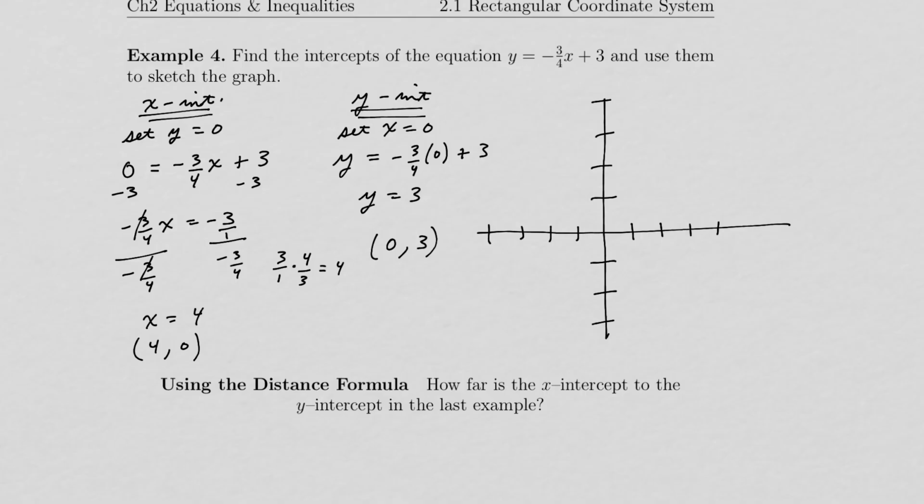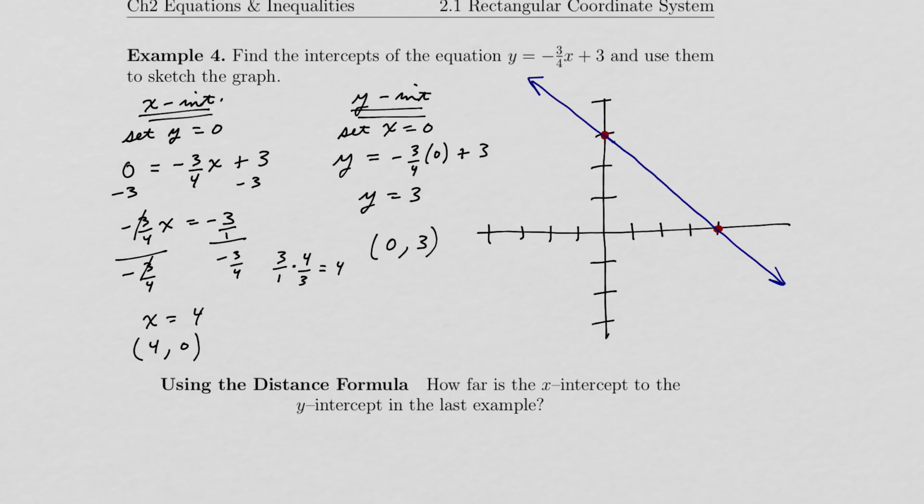So 4, 0 is, I start at the origin, 4 to the right, up 0, so that'll be right here. And then 0, 3, so I move nothing in the x, but then up 3, so that'll be right here. So this graph is going to look like this. A line that goes through these 2 points.